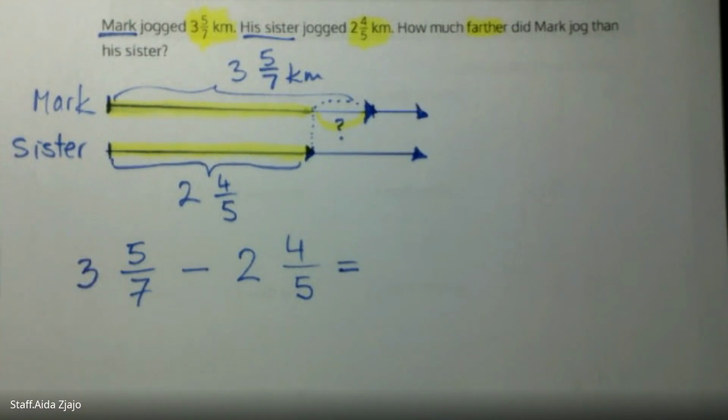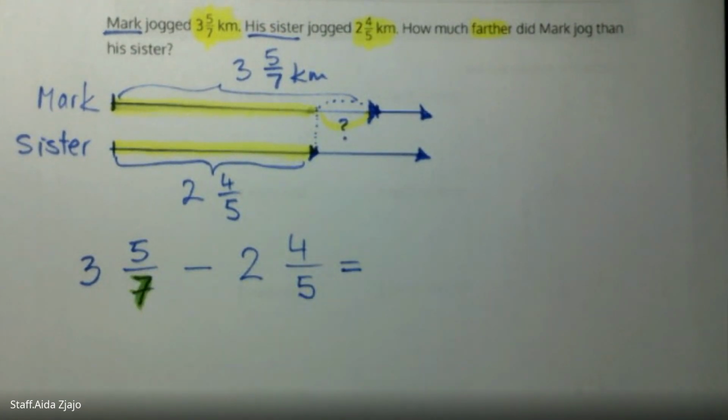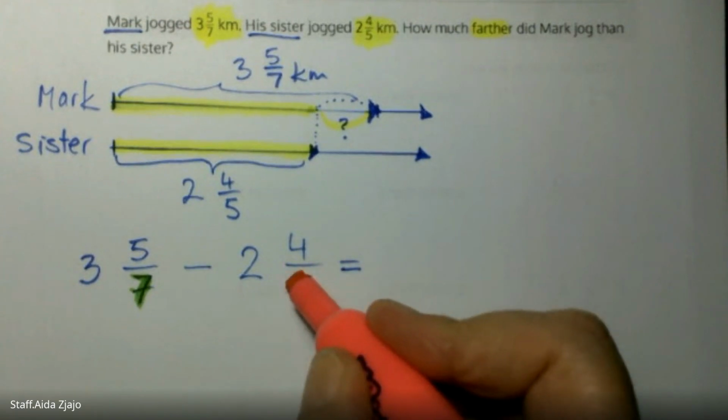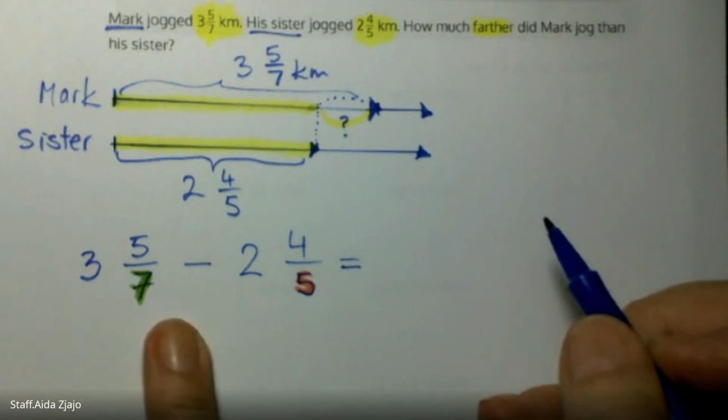Now, the fractions are not the same size, so we will need to change them into the same size. These are 7ths, for example they're green, and maybe my 5ths are pieces of the pink, and I want them all to be the same size.